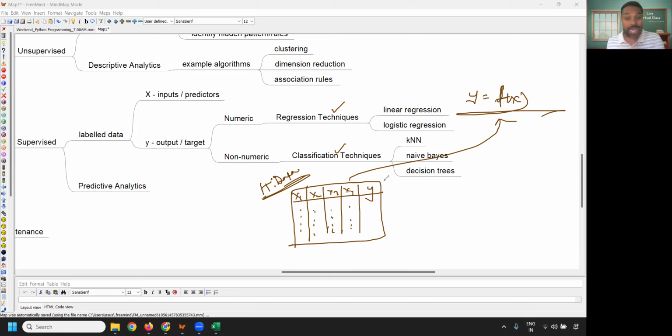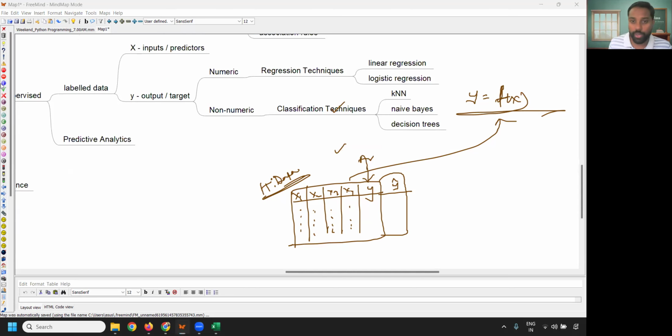Now, the calculated values, which we call fitted values, are nothing but your predicted values. So we already have actual values or observed values from the historical data. And now we also have the estimated value, predicted value or fitted values. This is all on historical data, right?